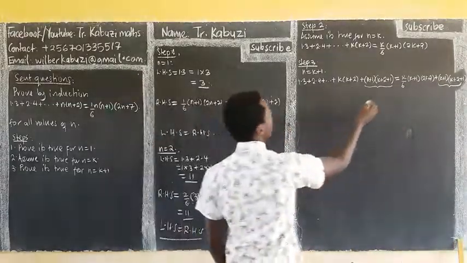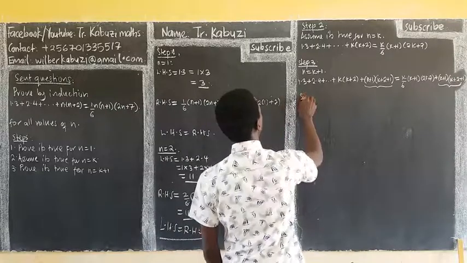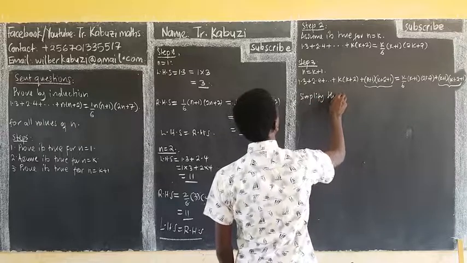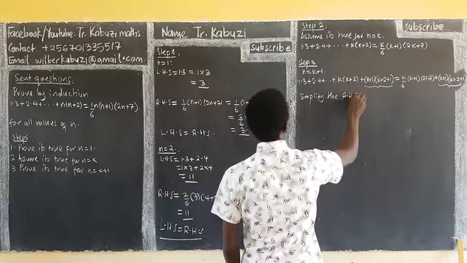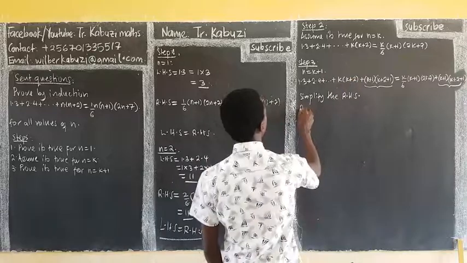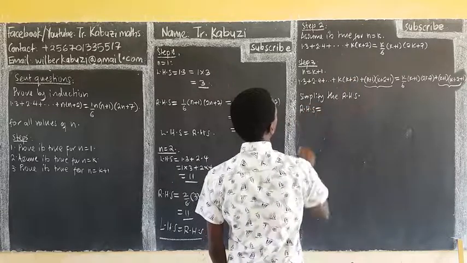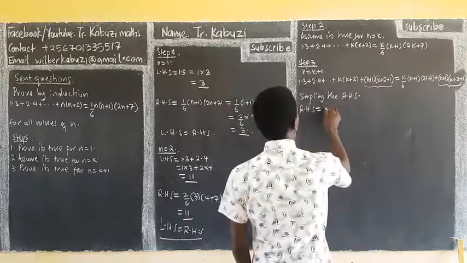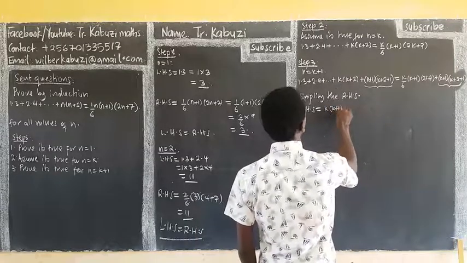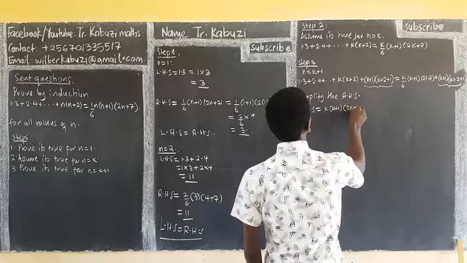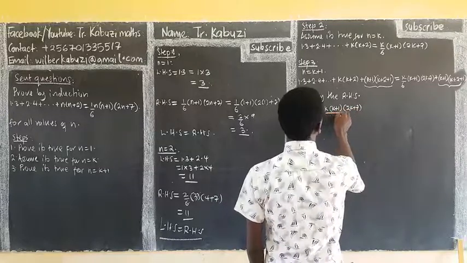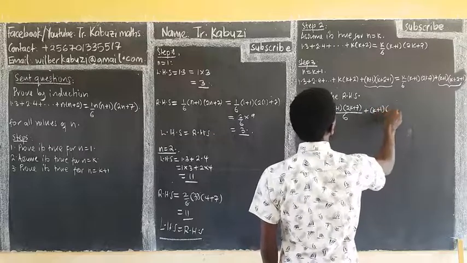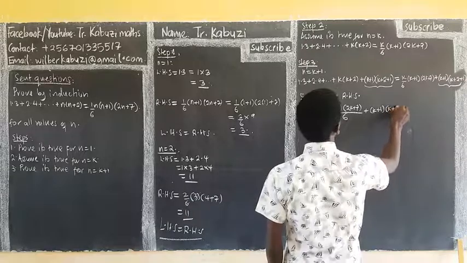Okay? Then our last step is to simplify the right hand side. So our right hand side, you see there, is going to be equal to k(k + 1)(2k + 7), the whole over 6, plus (k + 1) into, when we simplify that, we get (k + 3).